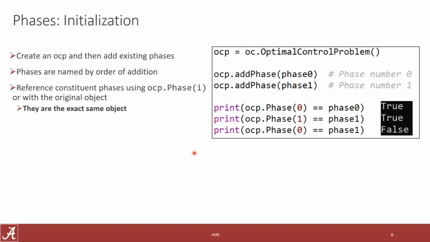So when you solve an optimal control problem, if you want to know what's the optimized trajectory in the first phase that I added to the OCP, you can just take that first phase 0 dot return traj, and it's giving you the trajectory that that phase did. It is the actual phase itself that's being operated on within your optimal control problem. It's not instantiating a different phase for the optimal control problem.